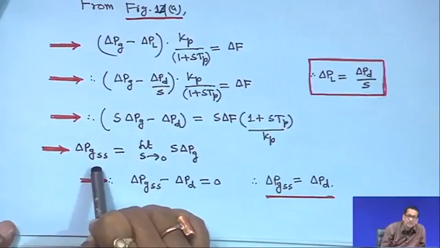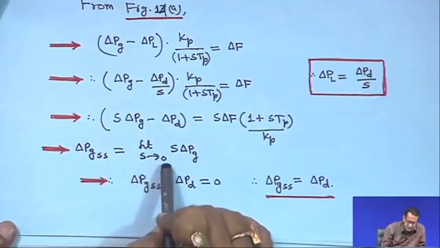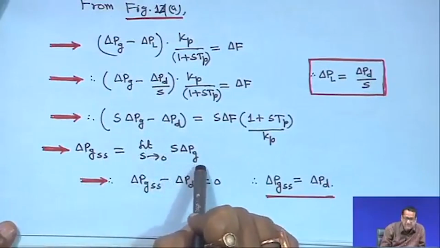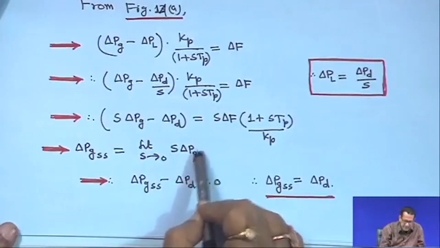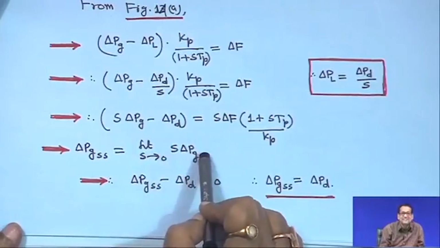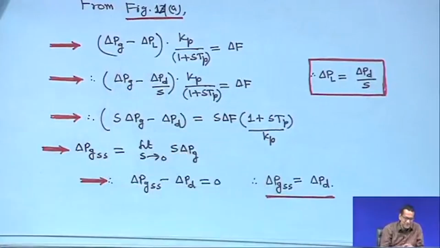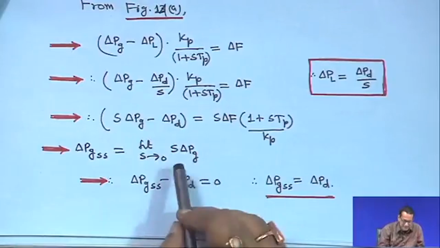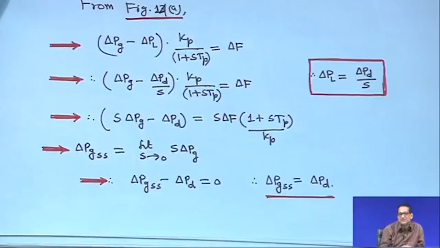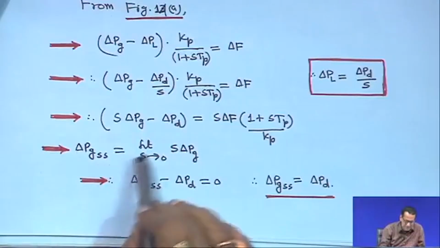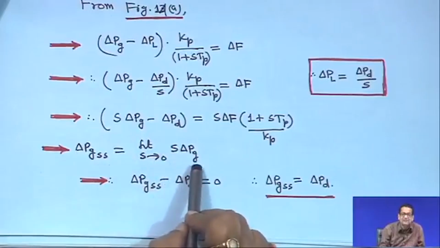Now, the steady state value for delta PG SS is equal to limit s tends to 0 of s into delta PG. Every time I am not putting (s) in brackets, it is understandable, right. If I try to put it in many places things become clumsy, but it is understandable that it is all a Laplace function, a function of s, right. So, delta PG SS will be limit s tends to 0 of s into delta PG.